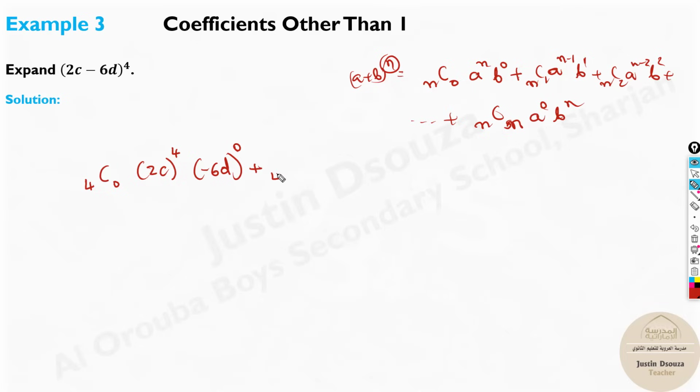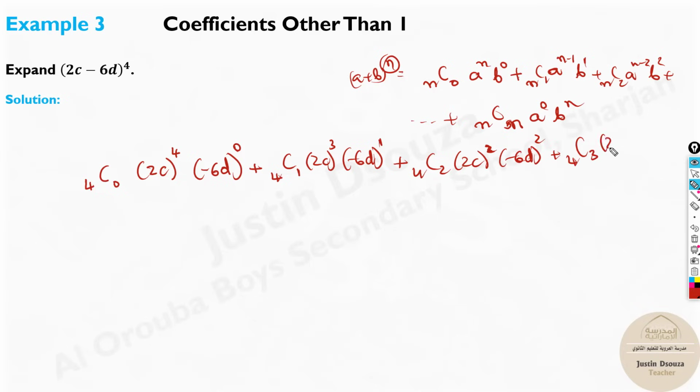Plus, now you have 4C1. What is a? Again, it's 2c the whole power 3. I'm directly doing it. 4 minus 1 is 3. And minus 6d the whole power 1. From 0 it increases to 1. 4C2 is basically 2c the whole square because it reduces, 3 minus 1 is 2, and minus 6d the whole power 2, plus 4C3, 2c the whole power 1, and minus 6d the whole power 3.